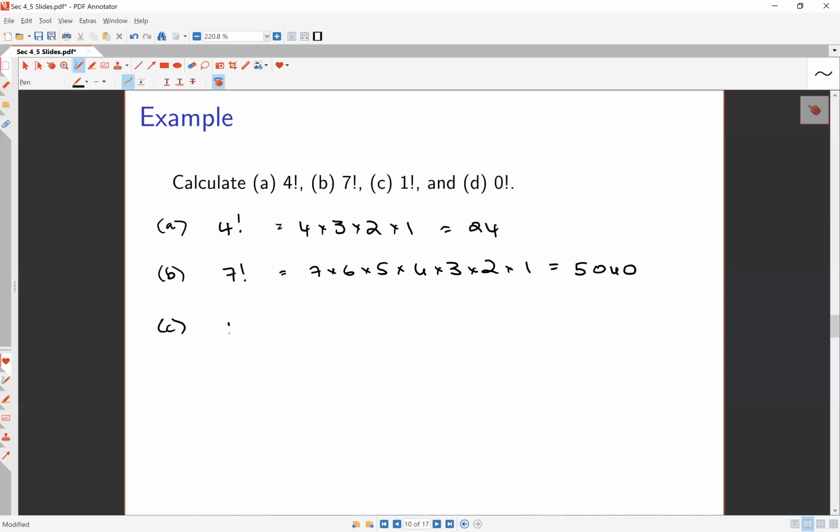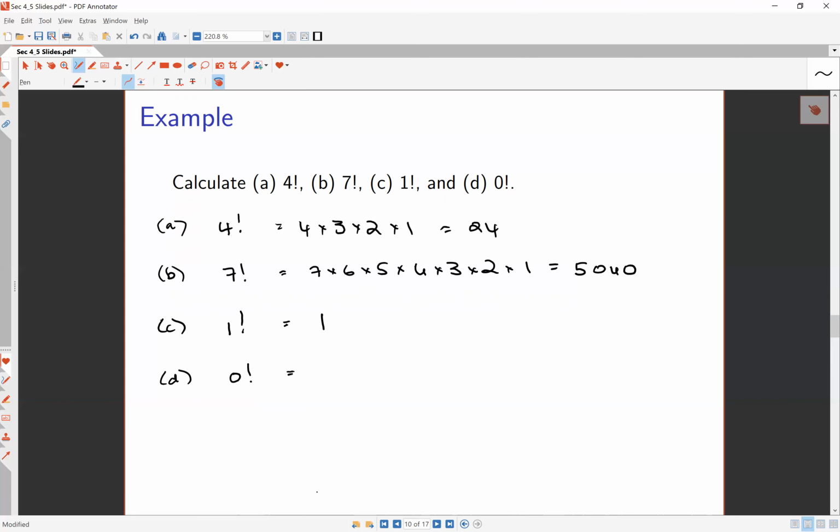Just 2 technical things to show you. 1 factorial means all the integers starting at 1 and ending at 1. So 1 factorial is equal to 1. And a number that sometimes comes up in calculations is 0 factorial. Now, you can't start at 1 and then multiply increasing integers all the way to 0.